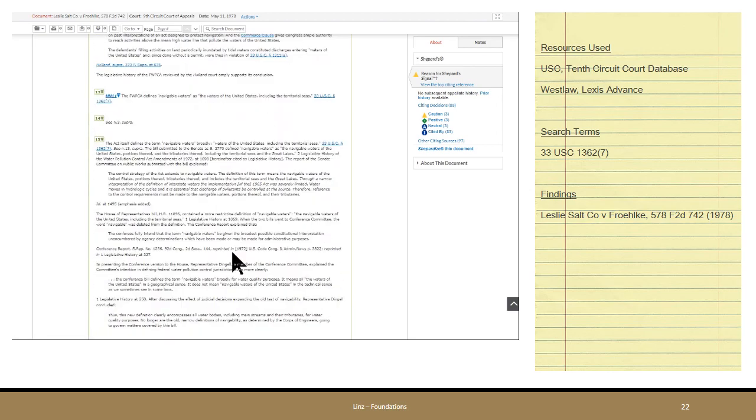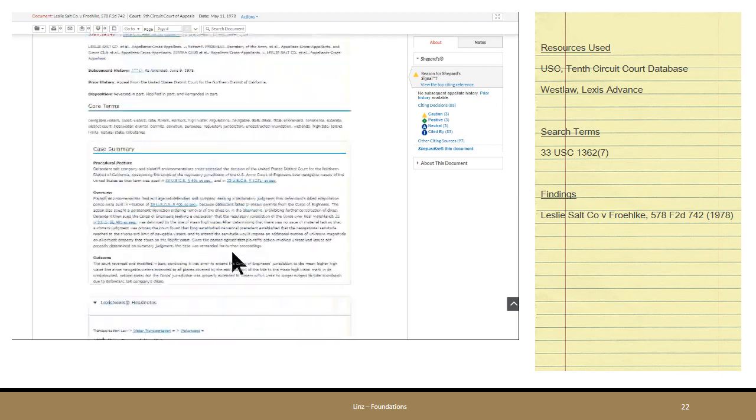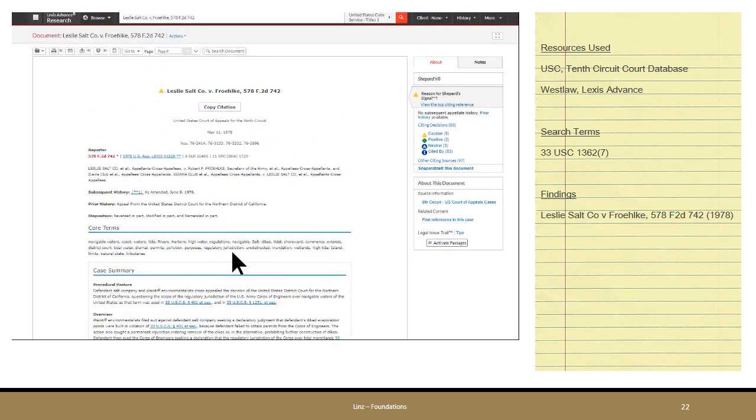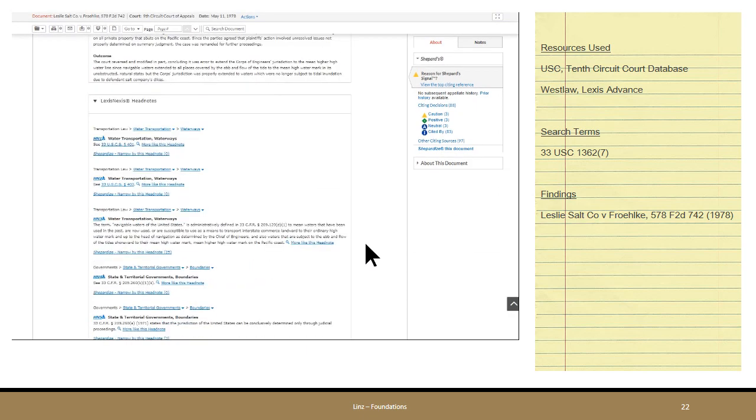Okay, so we found the case. Now what, right? This is a case, and we know from looking at the annotations that there are a lot more cases. One way to get to those cases, other than going back to the annotations, is to look at these headnotes.